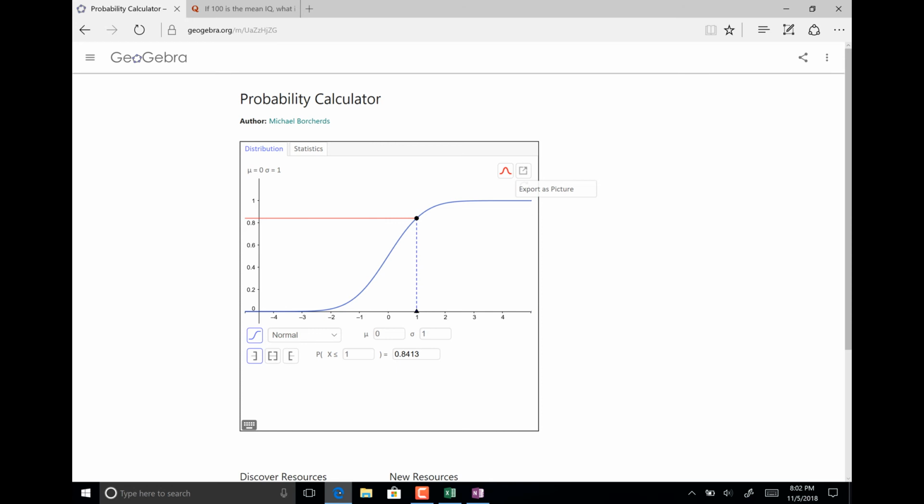So notice if you start over here at negative infinity, if I drag this back over, basically there's no probability yet, yes? In other words, the probability that you are less than negative 4 is basically 0. As you start coming this way, probability starts to increase, but slowly, 12%. And right there in the middle, right at the mean, it should be 50% exactly.